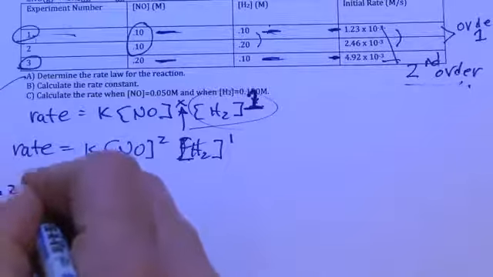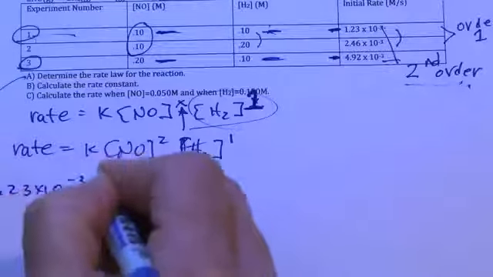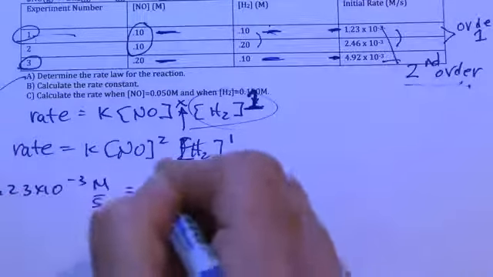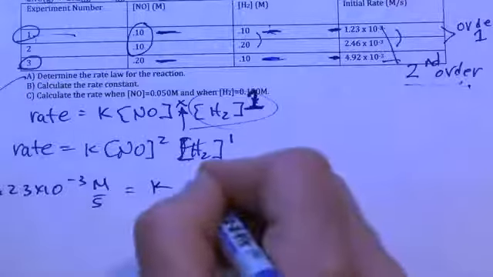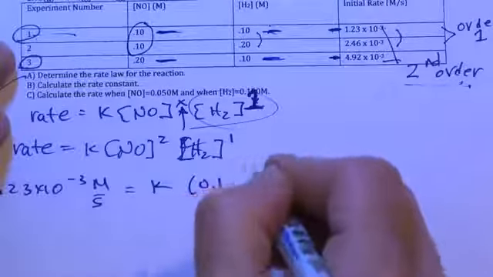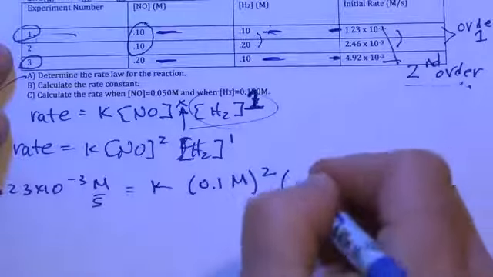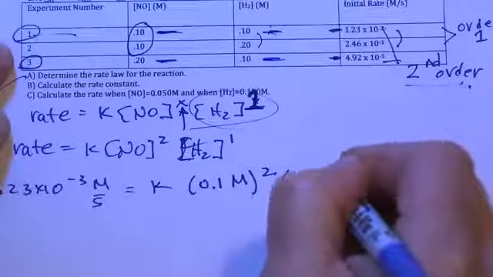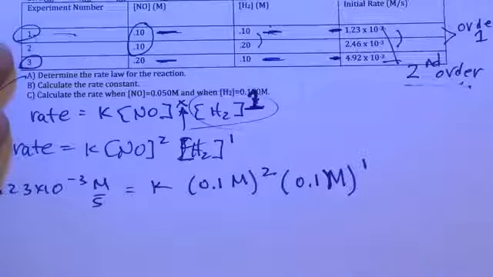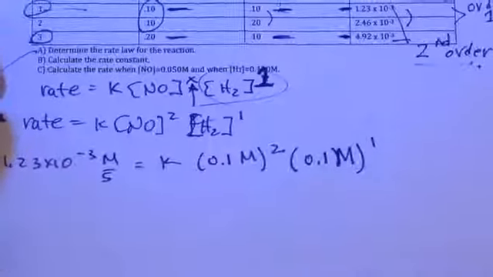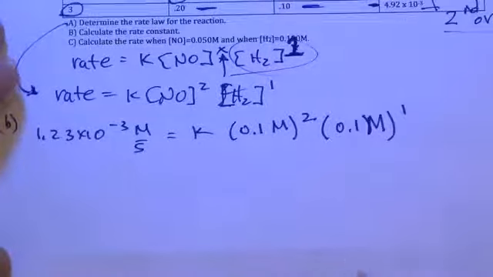Rate is 1.23 times 10 to the negative third, and the units on that are molarity per second. This is equal to some constant K times NO, which is 0.1 molar in this case, and it has to be squared, times H2, which happens to be 0.1 molar again in this case. I'll put a capital M in there, and that's to the first power. Okay, solving for this.